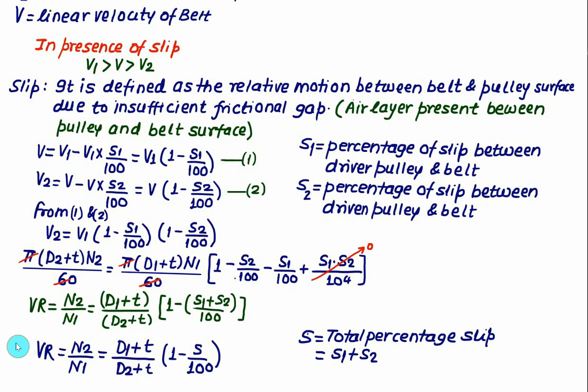So remember this velocity ratio, N2 by N1 is equal to (D1 plus T) upon (D2 plus T). If thickness is neglected, use T equal to 0. If the slip is neglected, use S equal to 0. In this fashion we can calculate the diameter of a driver pulley for the required velocity ratio.